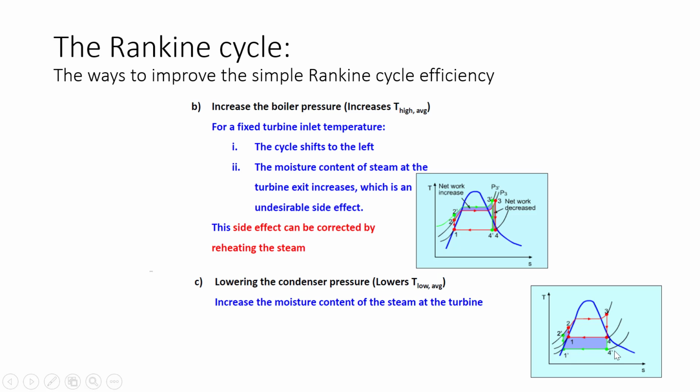Sebab pada point 1 ni, apa yang kita nak adalah saturated liquid. Okay, tadi kita akan increasekan dia punya moisture. Pada point 3 kita nak superheated vapor. So kita tambah heat. Okay, segala proses ini nanti kita akan tengok balik dalam regenerative Rankine cycle.